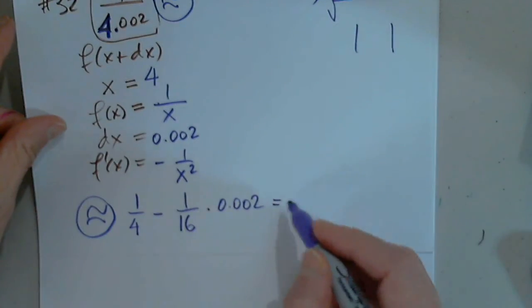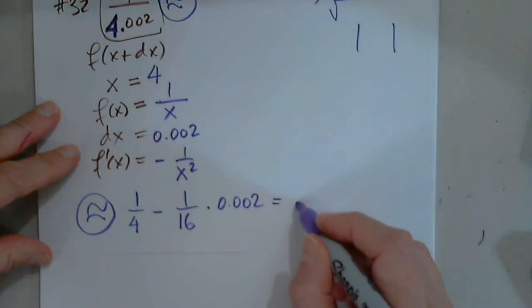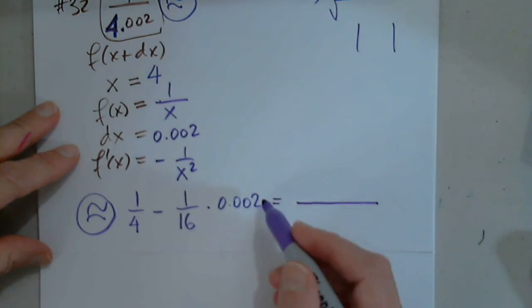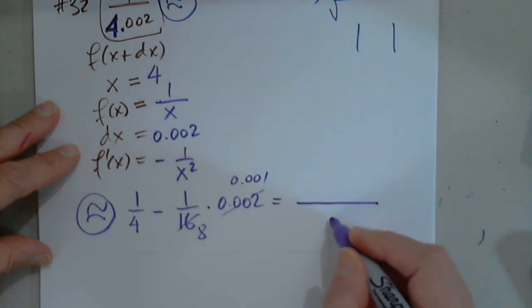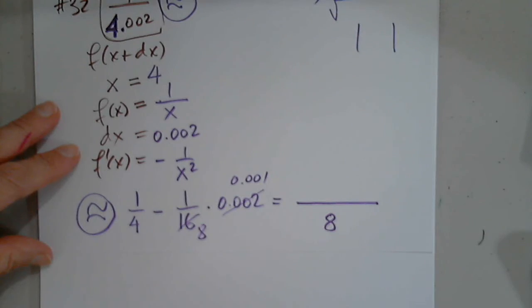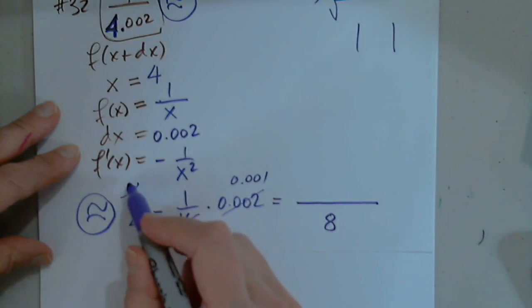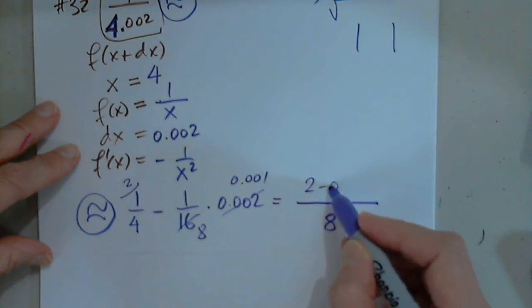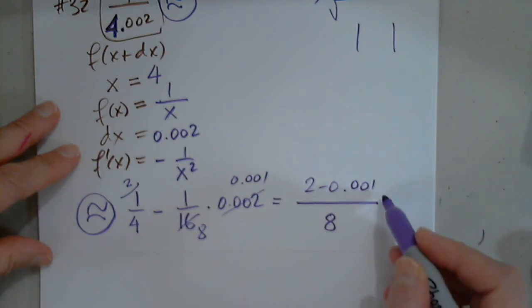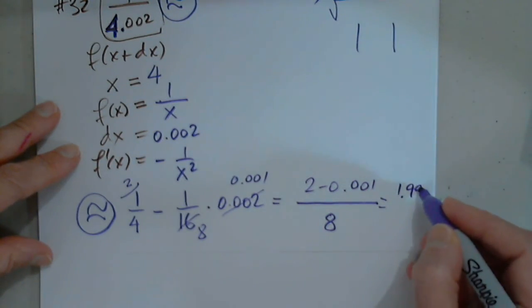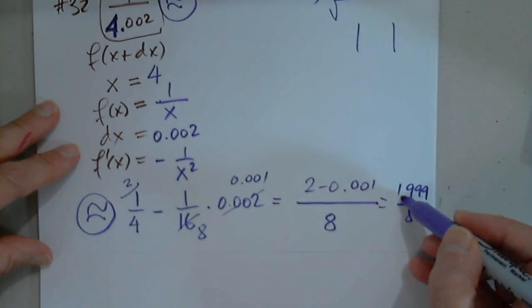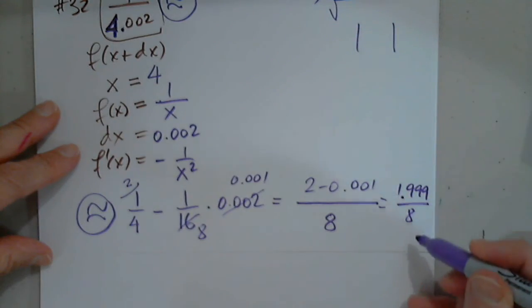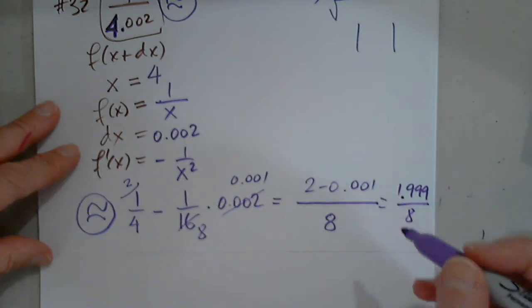Okay, so then let's see what we have. The least common denominator is definitely 16, but I can simplify it a little bit. So the least common denominator is 8. This needs to be multiplied by 2. So 2 minus 0.001, which is 1.999 over 8. We don't like to have decimal numbers in an answer, so I'm going to multiply top and bottom by 1,000.